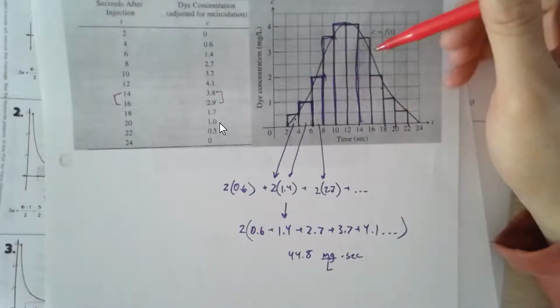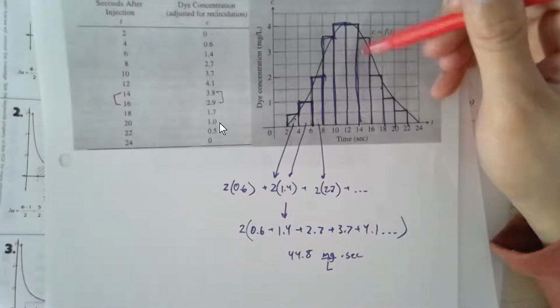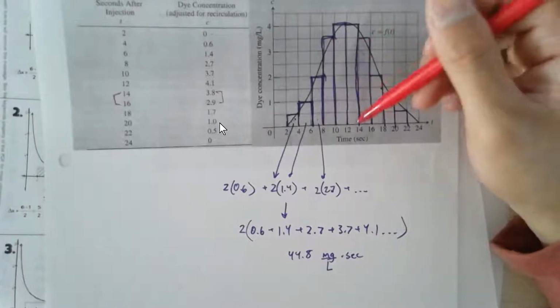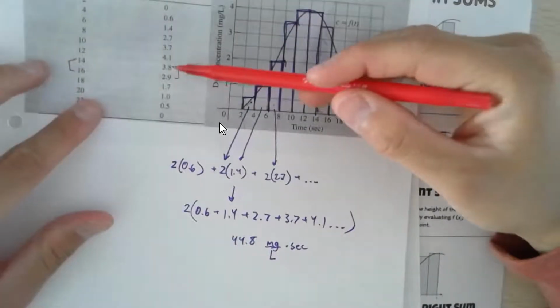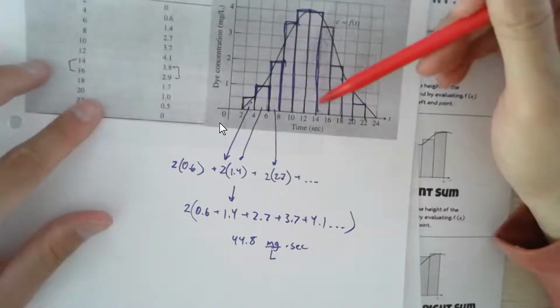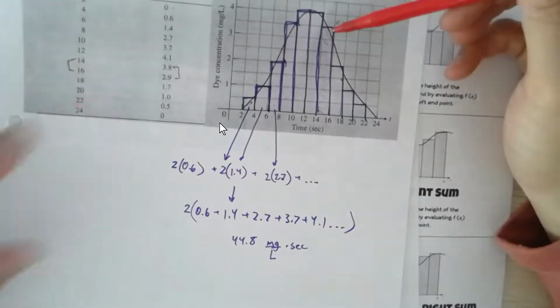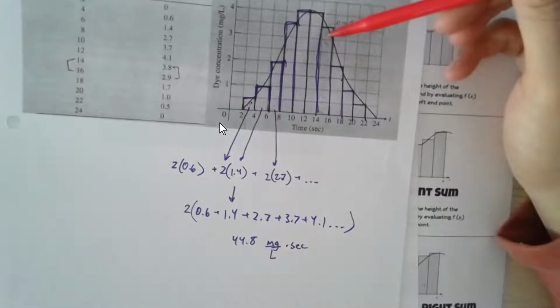And if you think about it, on the two sides of these rectangles, I decided to go with the left-hand height. So that would have been what's called a left sum. You have a choice to either go with one of these heights. Are you going to go with the one that's relatively to the left of this rectangle or to the right? Why do you think I chose to go with the left sum?